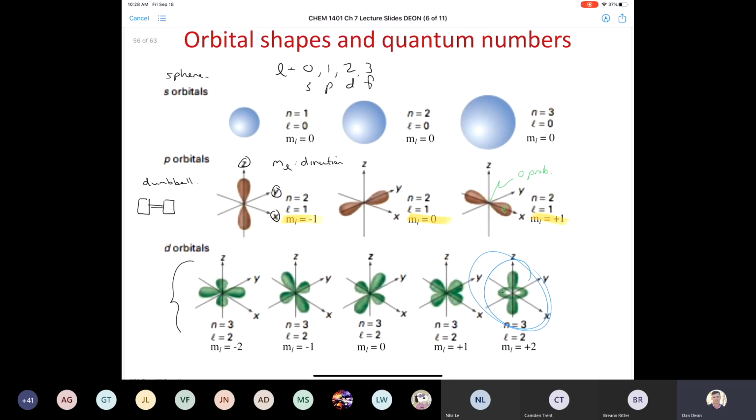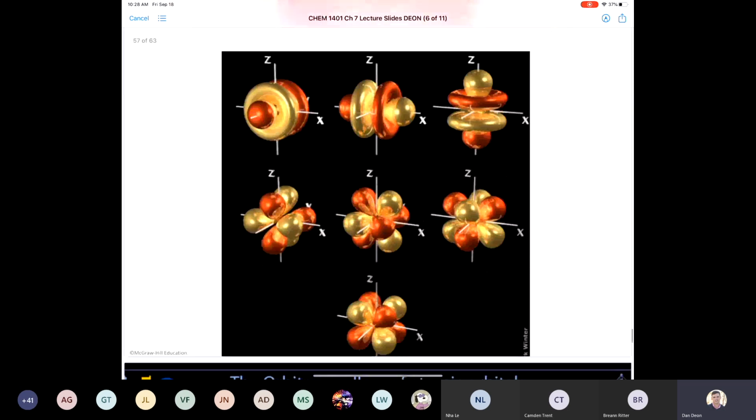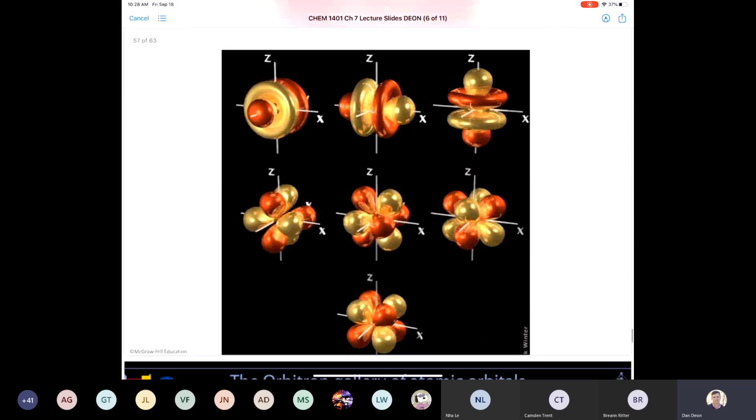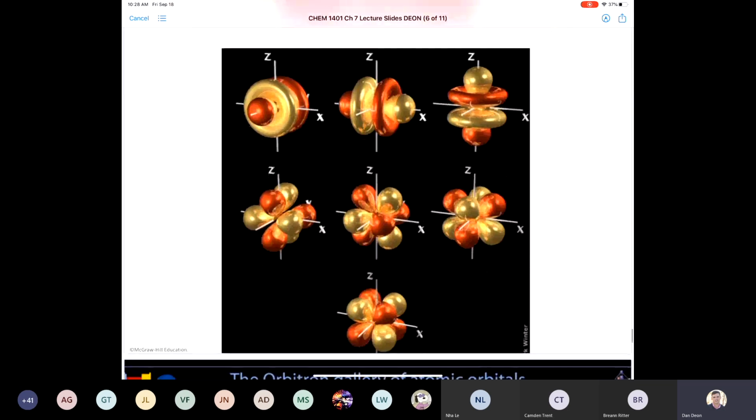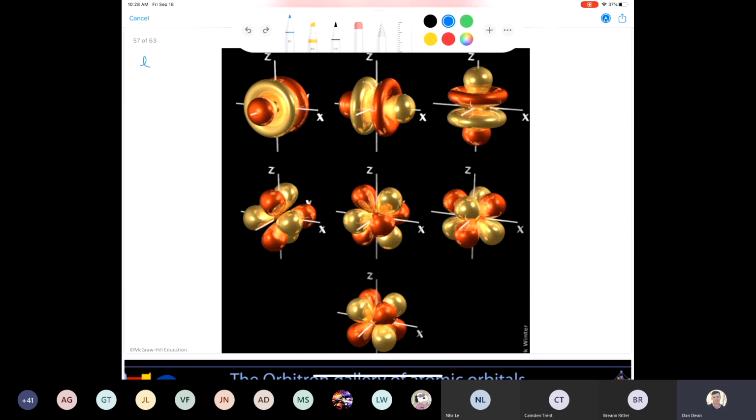But anyhow, some of you might be wondering, what about F orbitals? What about the shape of F orbitals? In case you're wondering, F orbitals have some really crazy shapes. Here they are. You got all kinds of dumbbells and donuts and dumbbells with dumbbells, so they have some really interesting shapes. There's a total of 7 of them, right? Because when we have L is equal to 3, that's an F orbital.